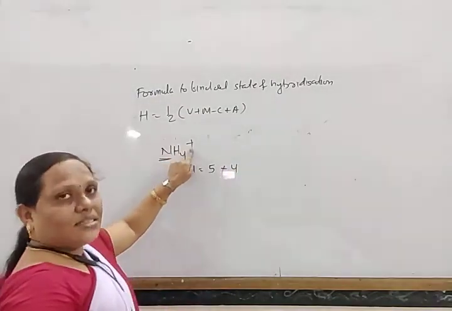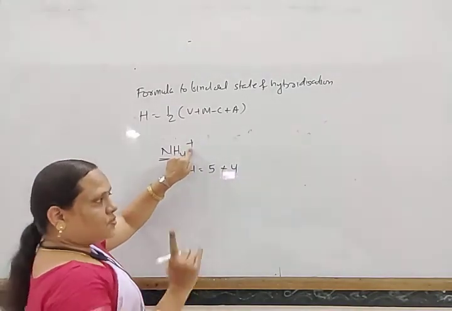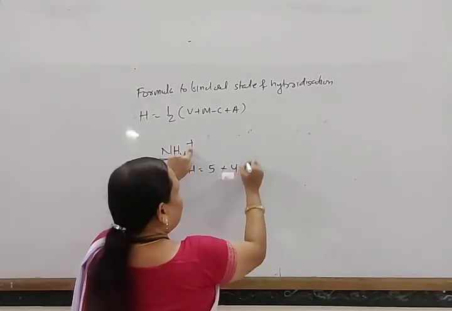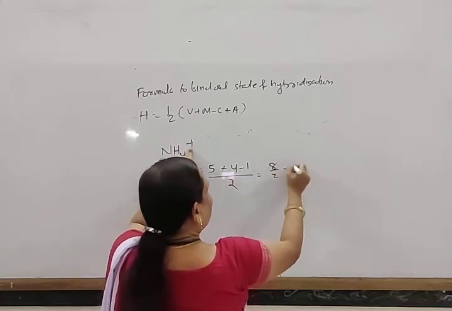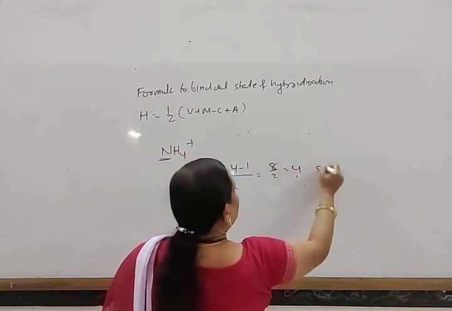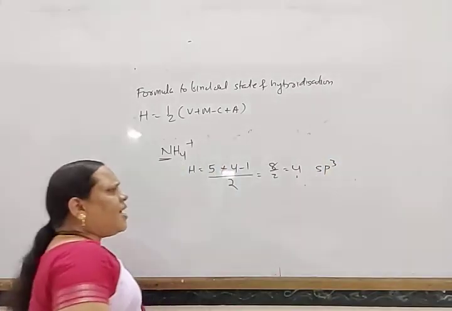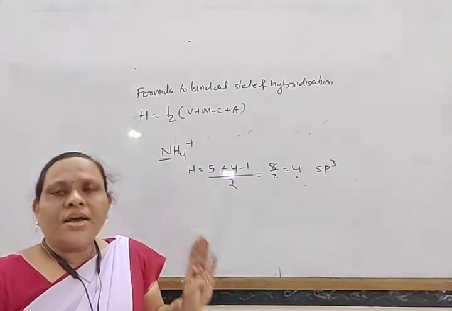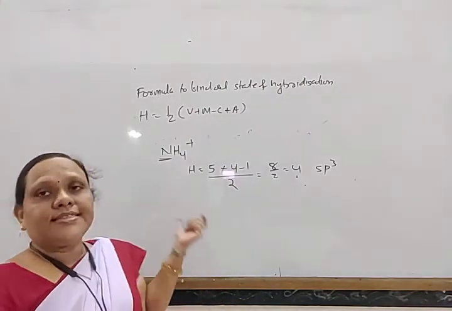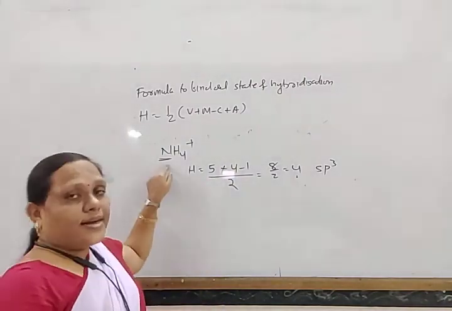And what is the charge? That is plus 1, so you have to subtract it: minus 1, divided by 2. That is equal to 8 by 2, which is 4. So the hybridization is sp3. And with sp3 hybridization, it has 4 bonds. So if you form 4 bonds, then it has a regular tetrahedral structure.